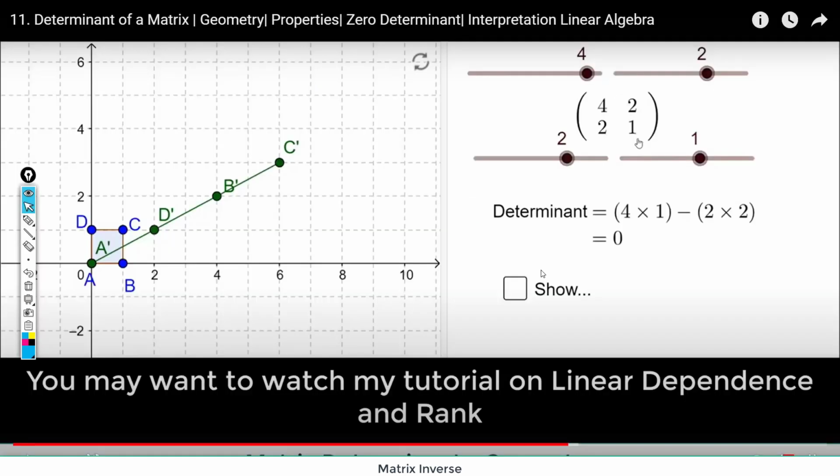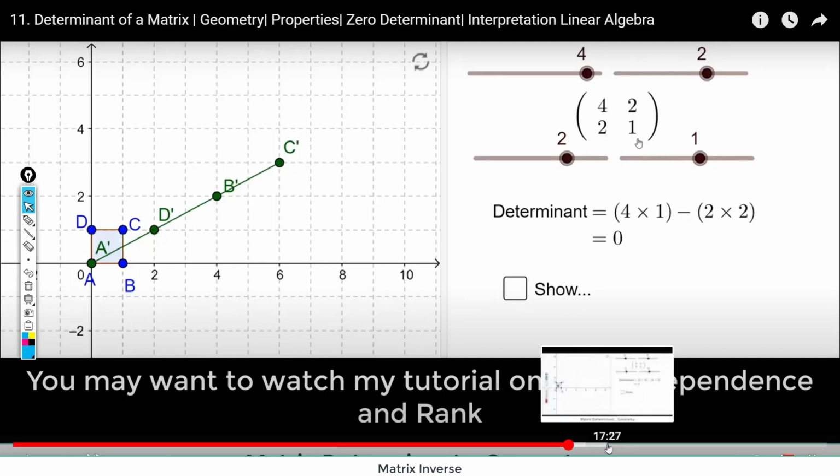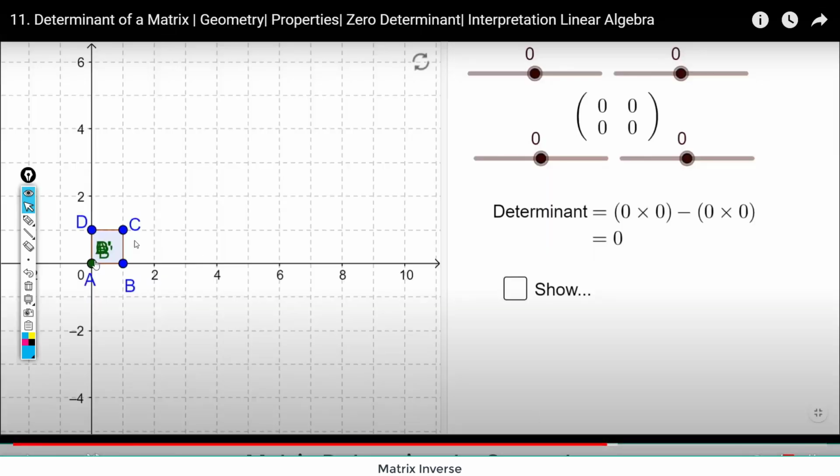So if you remember this example which we discussed in the previous tutorial, if we were using a matrix where the determinant is 0, we were reaching just this line, right? And we have seen another example where the determinant is 0 and we were just landing onto one point. So in these cases, when the determinant is 0, it is not possible that we find the linear transformation which gives us all these points corresponding to this point.